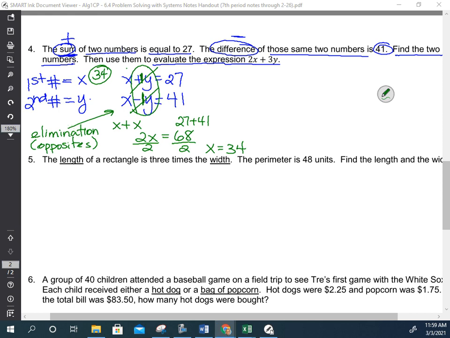This 2? Yeah. So we have 1x plus 1x, 1 plus 1, 2. Good, go ahead. So, you all straight? Any questions at home?